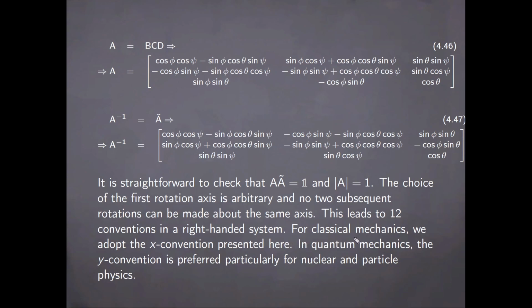For classical mechanics, we adopt the so-called X convention, which is presented here. In quantum mechanics, the Y convention is preferred, particularly for nuclear and particle physics. So the Y convention simply amounts to rotating about the intermediate Y-axis instead of choosing the X-axis.